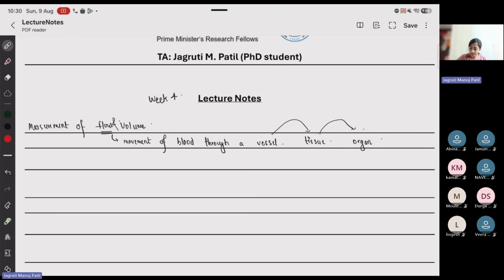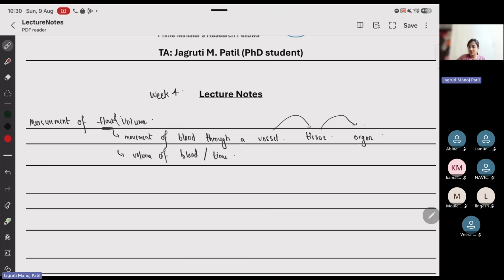So now, what's flow? It is the volume of blood that is flowing through a vessel, tissue, or organ per time. How much blood is moving with respect to the time that we are looking at.